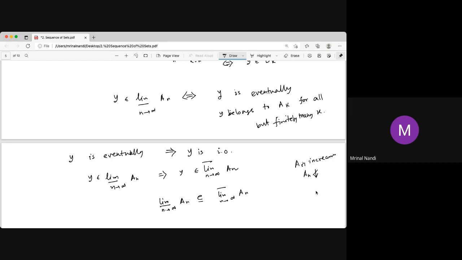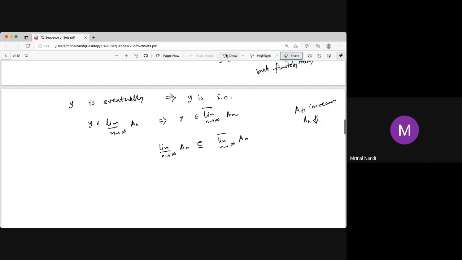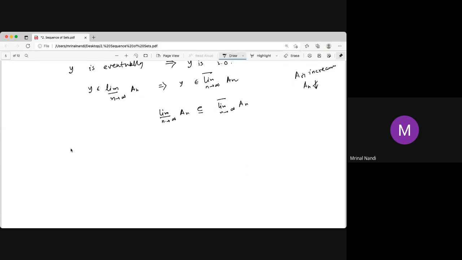So this is the definition, and from this definition we find what elements are in this lim sup and what elements are in lim inf. Now, it is possible that lim inf is equal to lim sup, or may or may not be same, it is a subset.